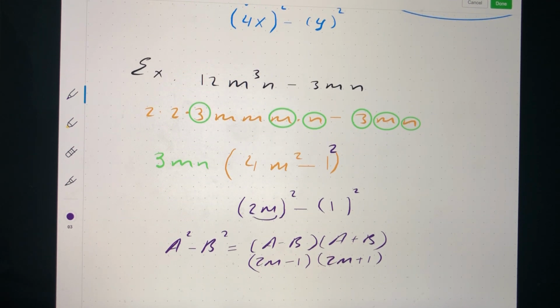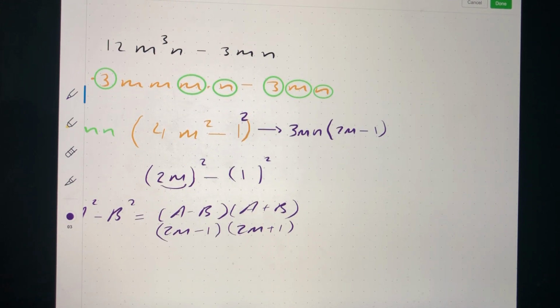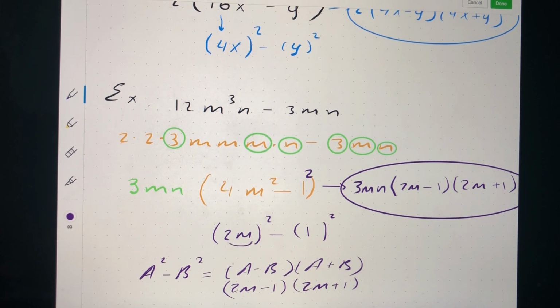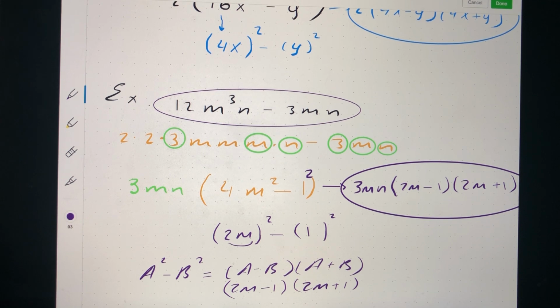All we need to do is add this factor in here, and we're done. So we have 3mn, and then 2m minus 1, and then 2m plus 1. And that's a complete factored version of the original question.